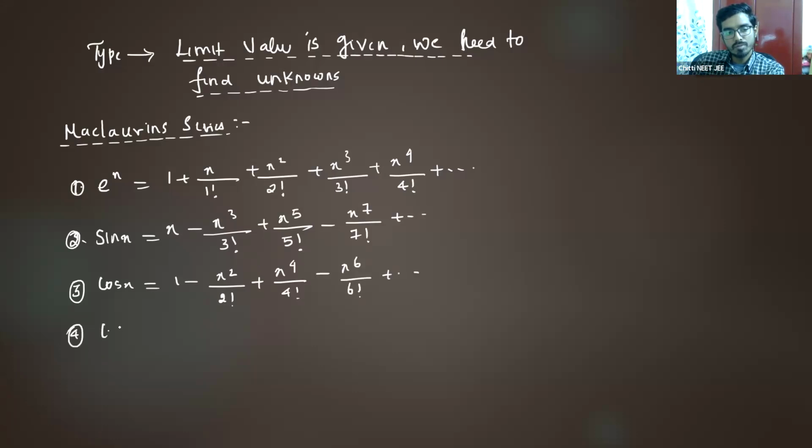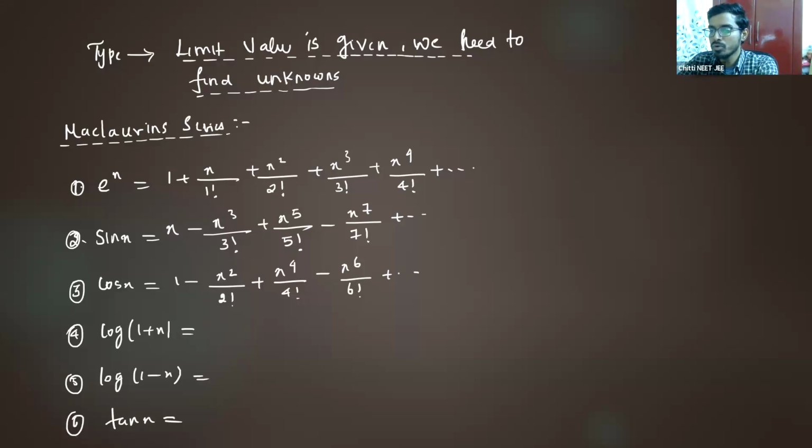The expansion of log 1 plus x, and the expansion of log 1 minus x, and the expansion of tan x. So these are very basic expansions that you would know. So the next is log 1 plus x expansion, right? Log 1 plus x is given by x minus x square by 2 plus x cube by 3 minus x power 4 by 4.